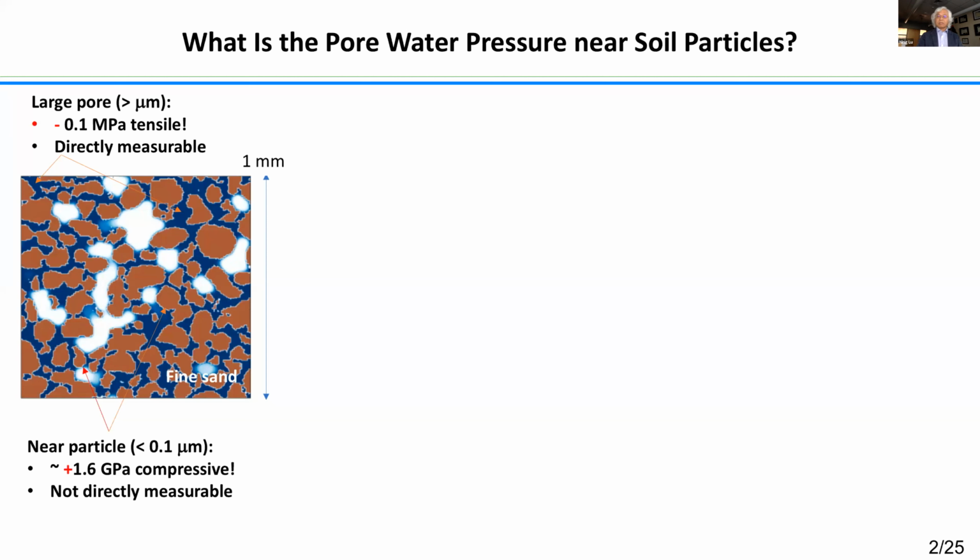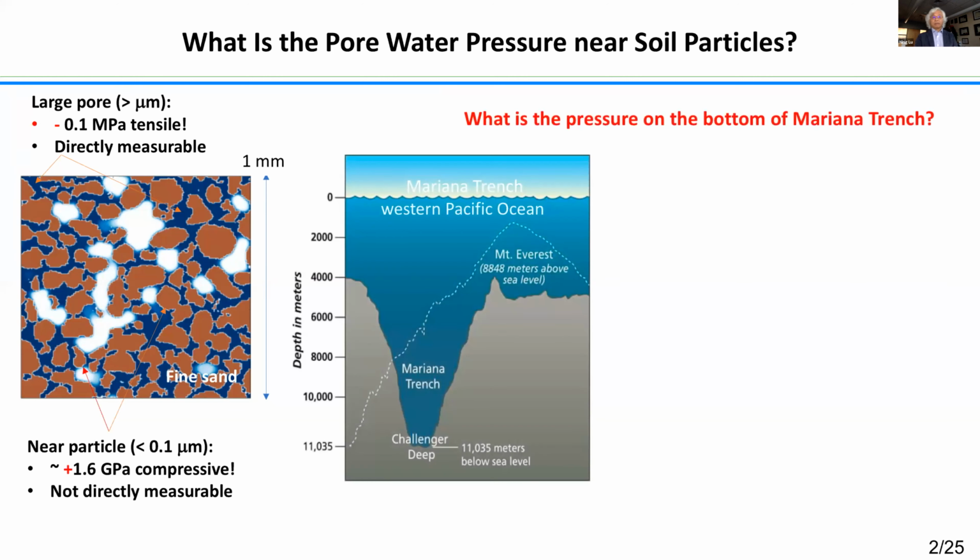So that poses challenges. Let's give an idea how big a compressive pressure of 1.6 gigapascal is in soil. Imagine that you are exploring in a submarine called the Challenger to go to the bottom of the deepest ocean on our planet.